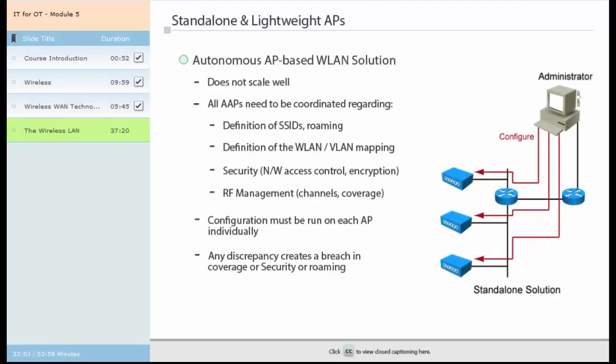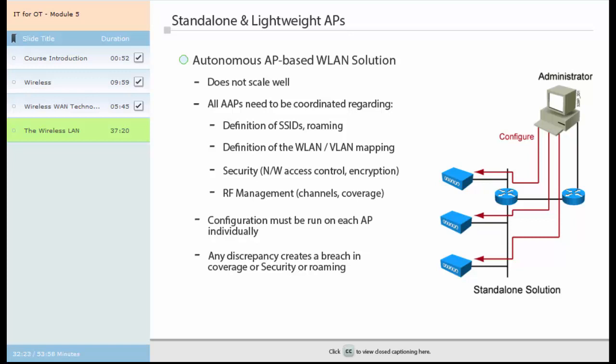Wireless network sizes can range from a single access point, or AP, to many thousands of APs covering a single campus. Wireless LANs, or WLANs, become difficult to manage as they grow in size if the configuration of APs is implemented only one at a time, as must be the case with autonomous APs.